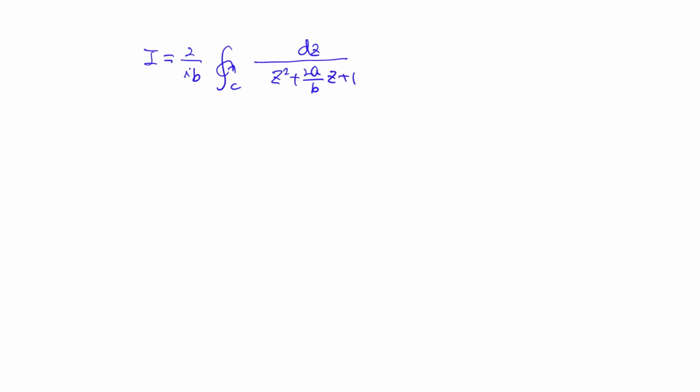Let's try to factorize. So z squared plus 2A over B z plus 1 equals 0 gives z equals minus A over B plus or minus the square root of (A over B) squared minus 1, right?